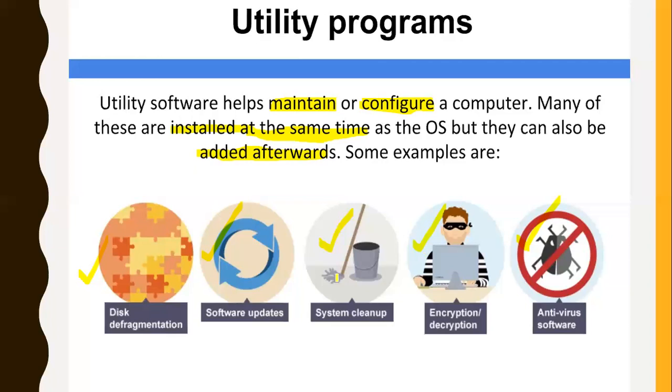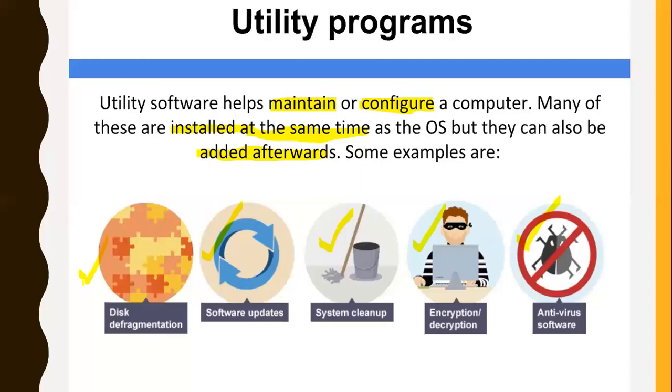System cleanup utility is used to clean up the extra space used by the unnecessary files. Software updates utility is present to check the updates for the different software installed in your computer, and you can install the updated version of any software.